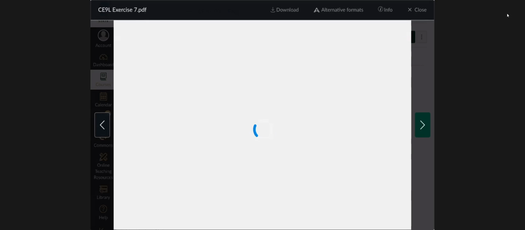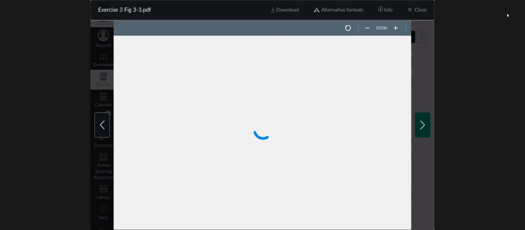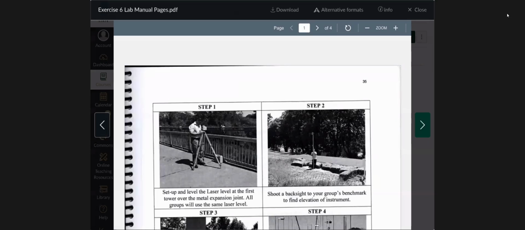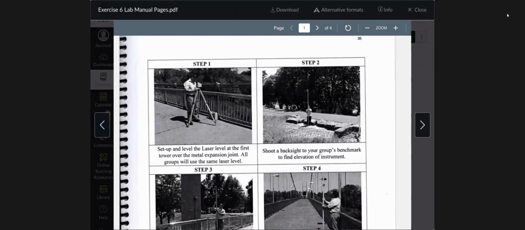You can refer to the lab manual if you have it in front of you, or you can just look at it on the screen here. Okay, here we go. This is in the Files tab in Canvas, Exercise 6 Lab Manual Pages.pdf. Okay, so first of all, the laser level.